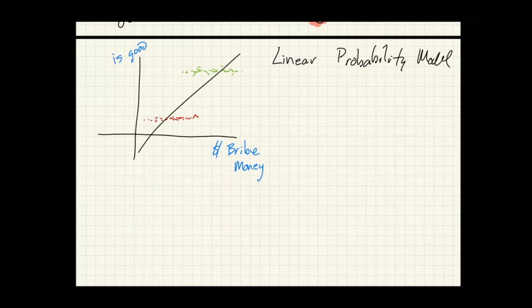Which just fits a straight line between the two groups. The issue with the linear probability model is that we get probabilities that are predicted greater than 1 or less than 0. So the line represents the predicted probability of a kid being good, depending on how much money they bribe Santa with.